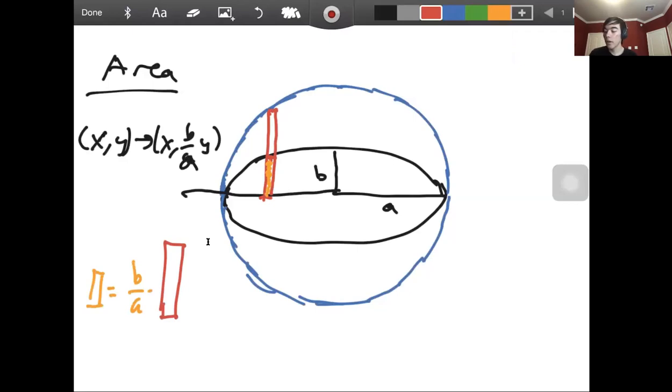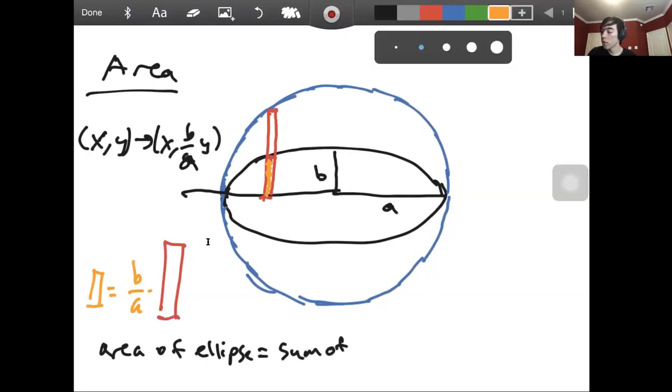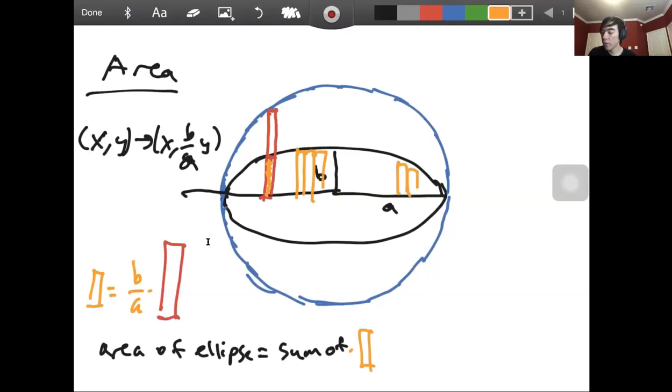So we know that the area of the ellipse is just a sum of a bunch of really small rectangles. If you want to find the area of the ellipse, we just take a whole bunch of these rectangles side by side. And if we take enough rectangles and we take the bottom rectangles too, eventually we get the area of the ellipse.